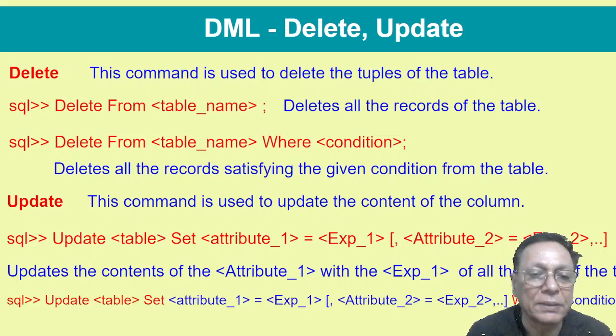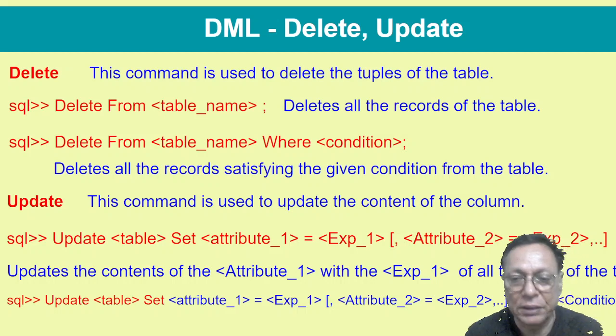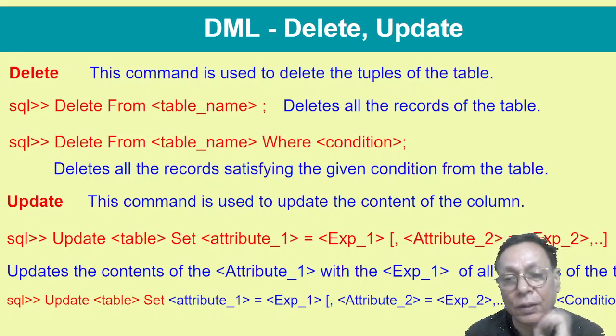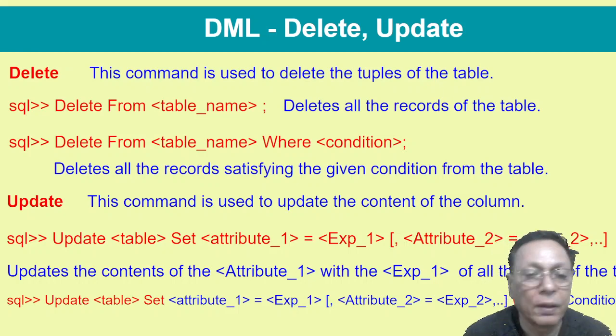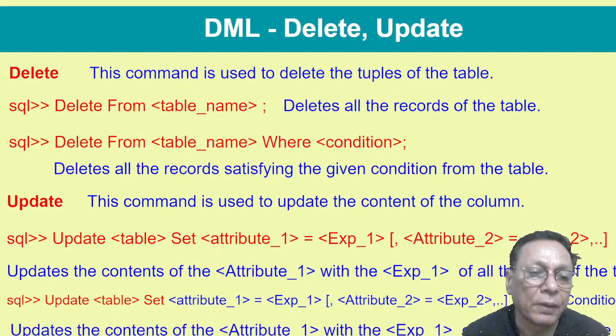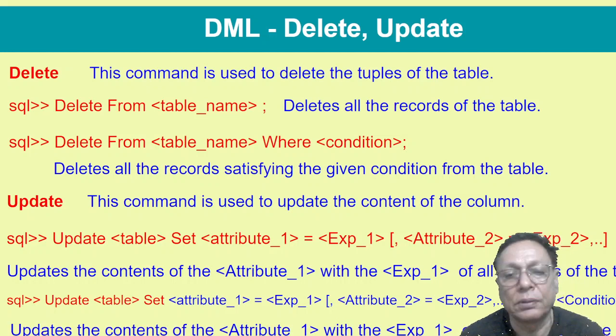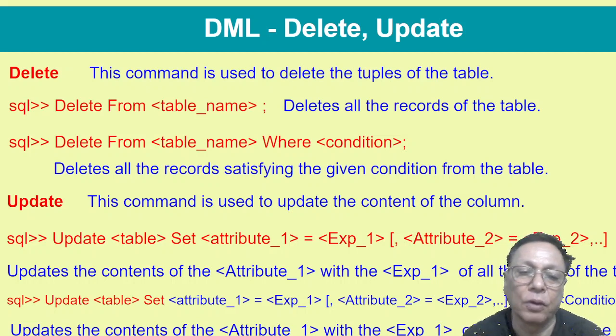So update table set attribute 1 with the expression, and here I have included the where clause, which is optional, but if you want to apply the condition, then you should include the where clause here. It modifies the content of attribute 1 with the expression for all the rows of the table satisfying the given condition.